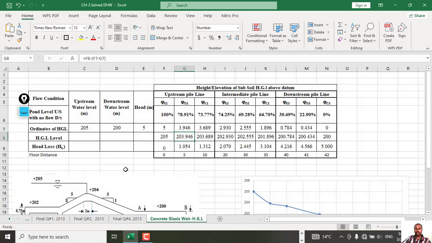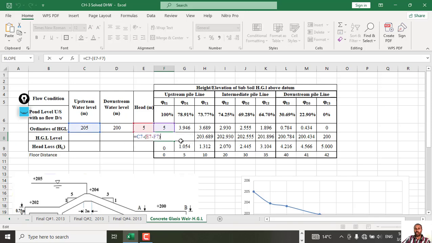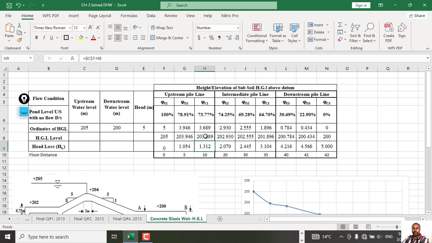Once you have the ordinate of the hydraulic grade line, then you will have the hydraulic grade line level also. This is 100%, so you have to subtract. Then the elevation: you subtract this one from the first step you have here.